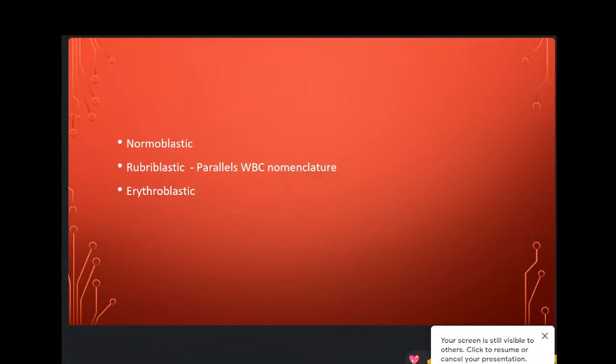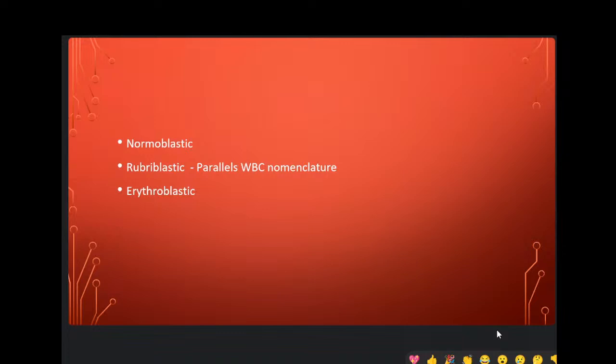Clear ba yon? Iisa-isahin natin siya, but just so you know, there are parallels with the nomenclature system for RBCs and WBCs, and that can be seen with the rubriblastic system. Okay? So, let's go one by one.